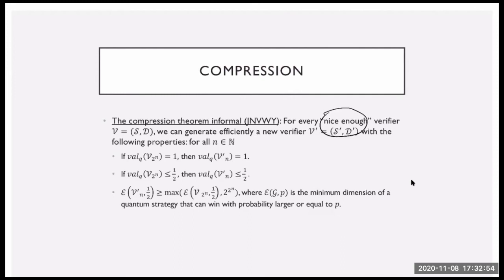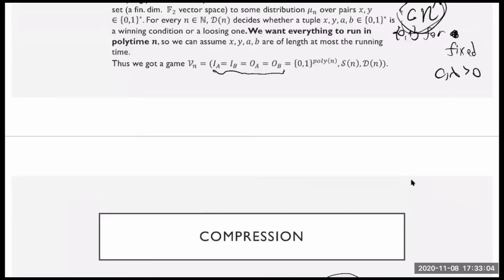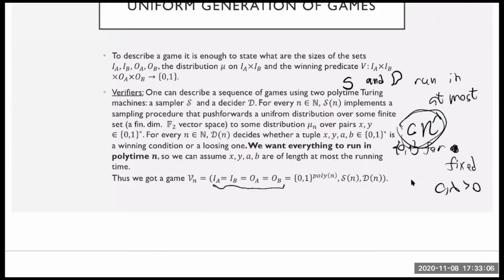And you have the following property. We stated that for any natural number we get a game. Let's call this game V_{2^n}. The game that we got here, we called it V_n.